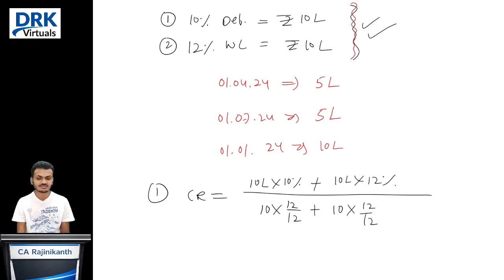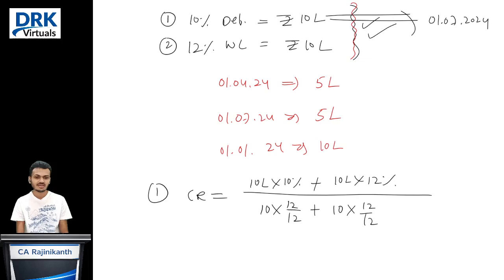For suppose, if these debentures were issued on 1st July 2024, in this case, instead of writing 12 here, we should write 9 by 12. Right? This is very, very important. You should be very careful at this point.